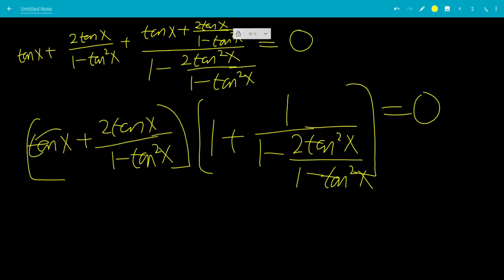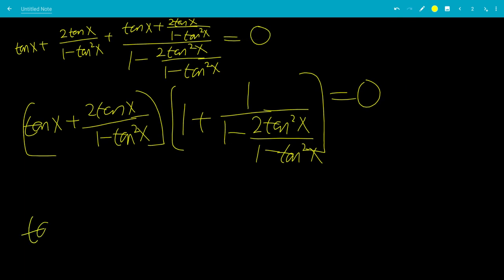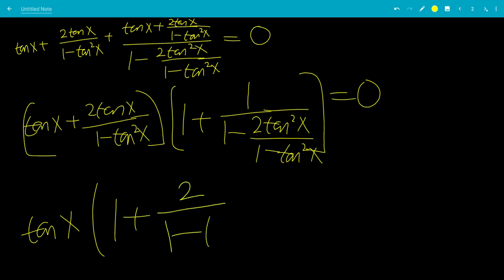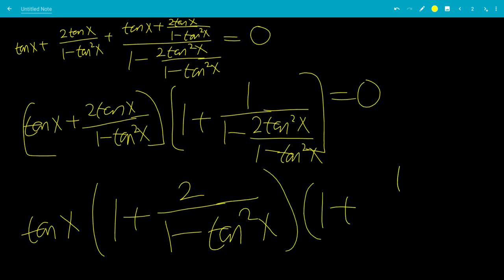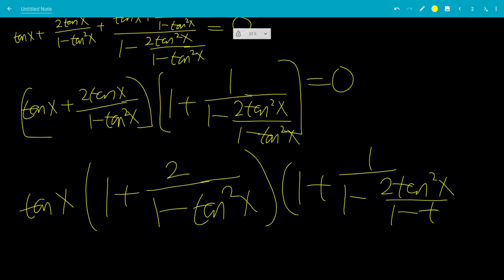But we can also factor out the tangent x. So let's just do that. So we're going to have tangent x times 1 plus 2 over 1 minus tangent squared x, times 1 plus 1 over 1 minus 2 tangent squared x over 1 minus tangent squared x.